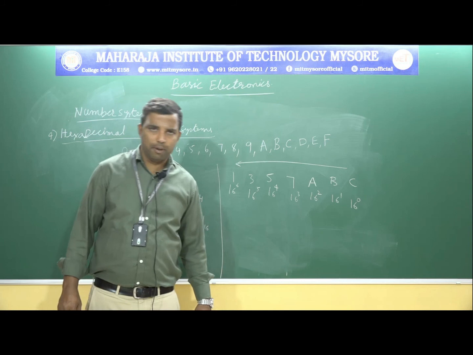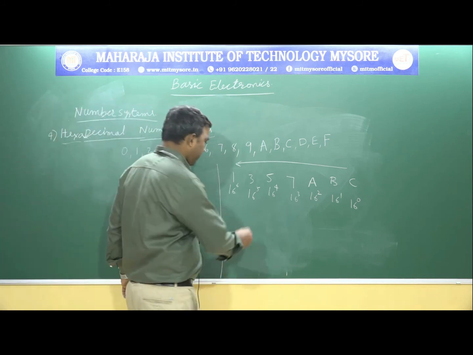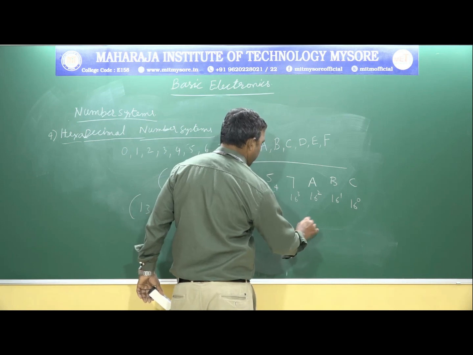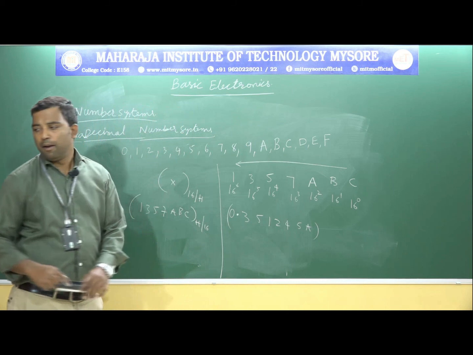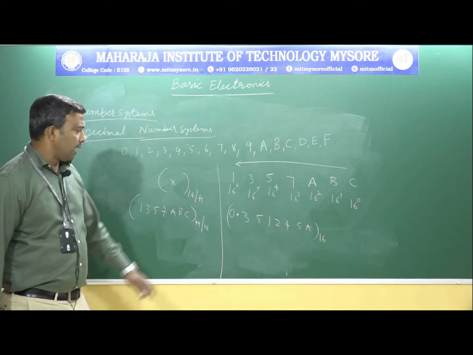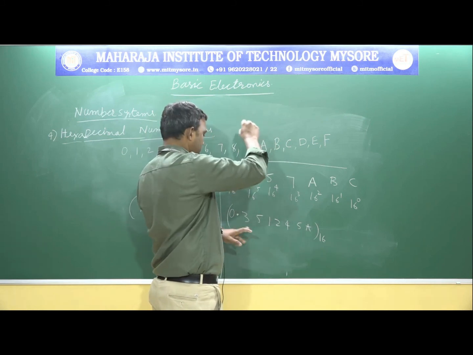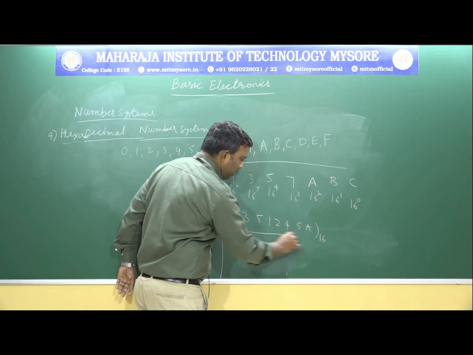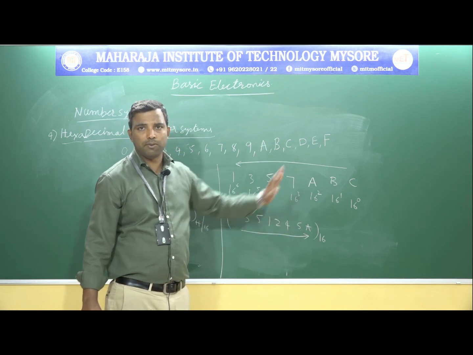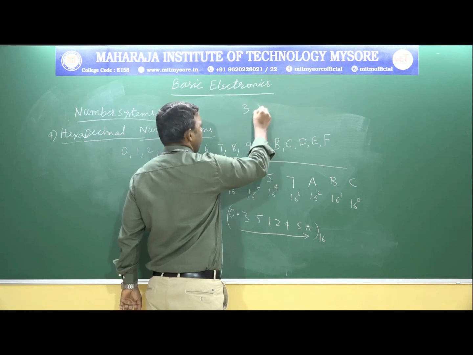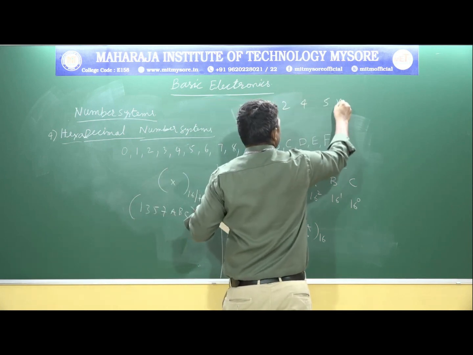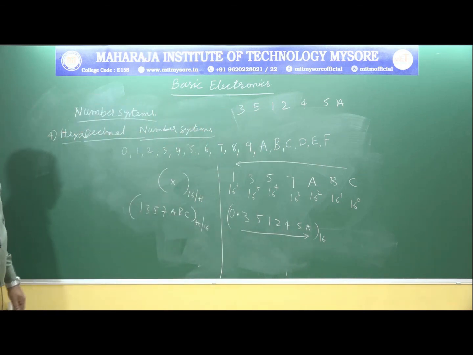If we consider a fractional hexadecimal number, for example 0.3512 45A, after the hexadecimal point the positional values are 16 power minus 1, 16 power minus 2, and so on.